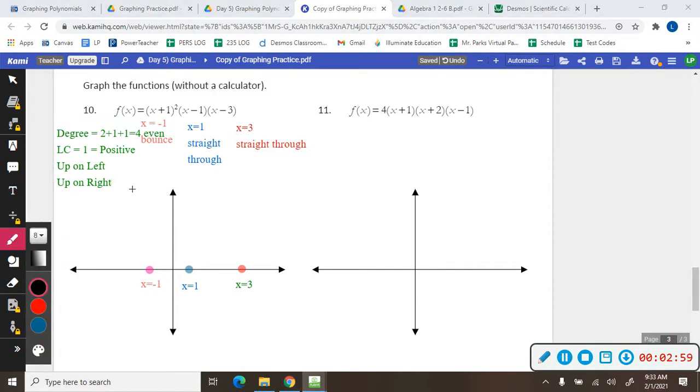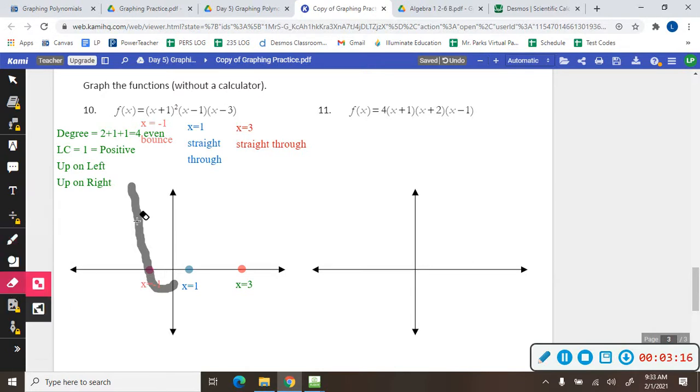So it's going to start up here. Going to go through that point. It's going to come back up. And I see that I already messed up because at -1 it's supposed to be a bounce. So let me try this again. So I said bounce, but then I didn't do bounce.